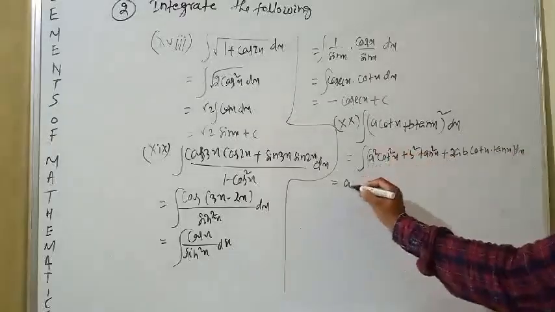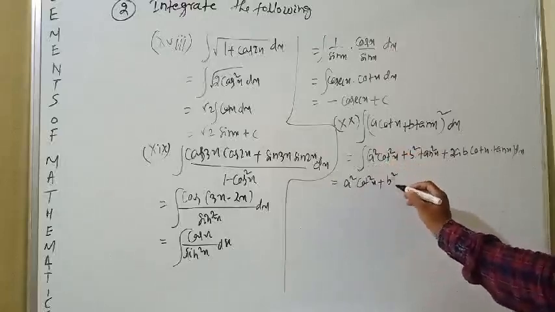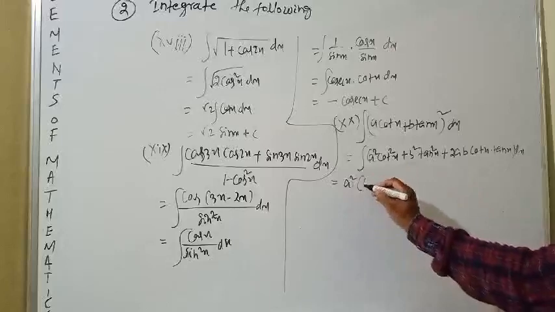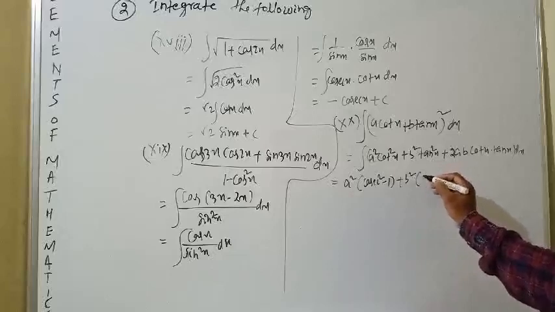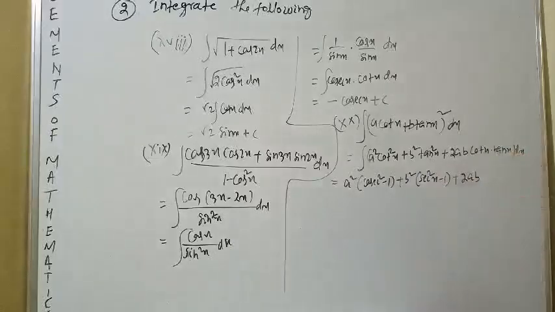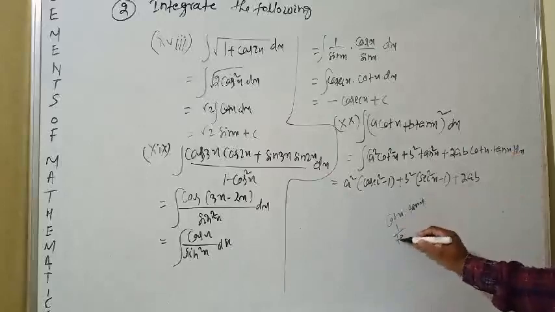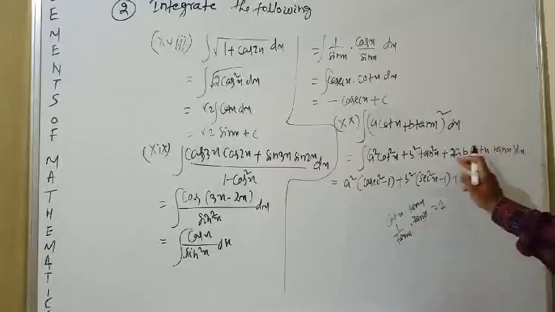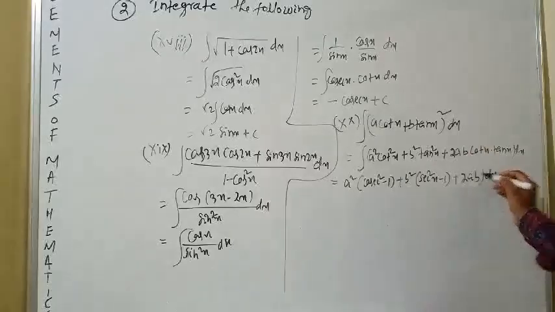You see a square cot square x, you write here cot square x is equal to cosec square x minus 1, plus b square tan square x is equal to sec square x minus 1, plus 2ab. Cot x into tan x will cancel out, you see cot x is equal to 1 by tan x, again tan x cancels out, is equal to 1, so 1 into 2ab, so only 2ab, dx.